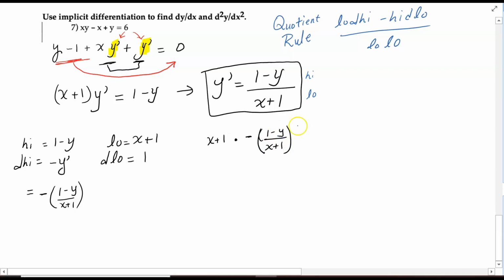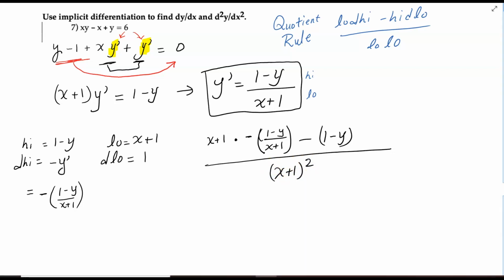Low d high minus high d low, which is going to be 1 minus y, over low, which is just going to be x plus 1 quantity squared.